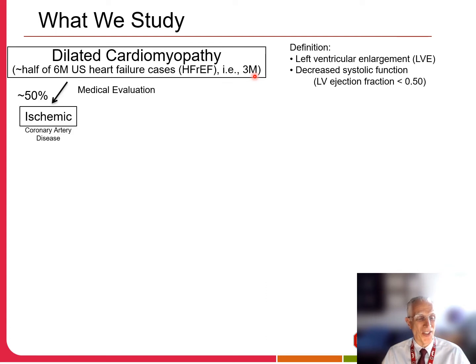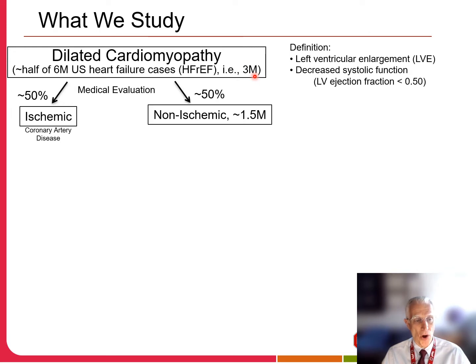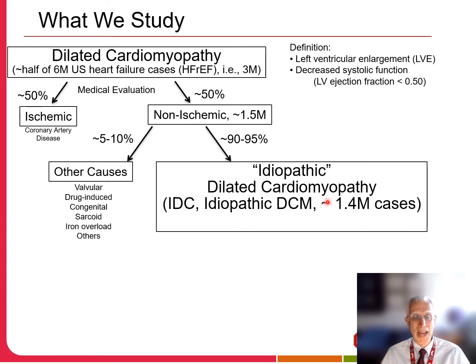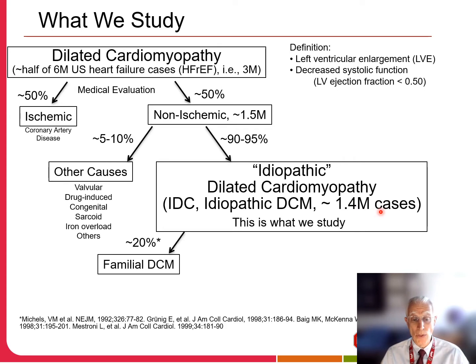We sort the ischemic or the coronary artery disease, the heart attack, from non-ischemic cause. And then we sort out these other causes, valvular and drug-induced and congenital and some other rare causes. What's left is this idiopathic dilated cardiomyopathy. Now, that's a lot of cases. That's almost 1.5 million cases in the U.S. And that's what we study.